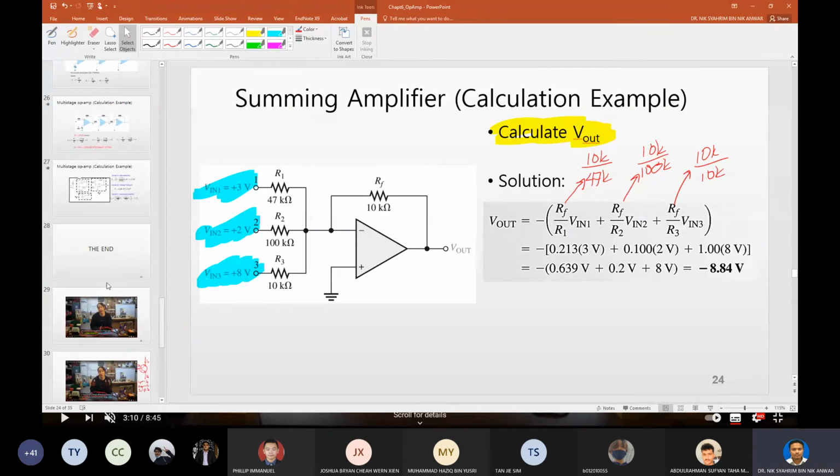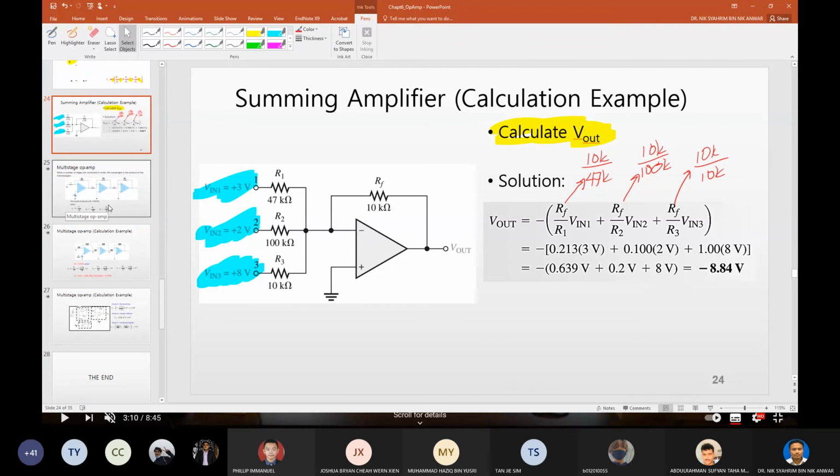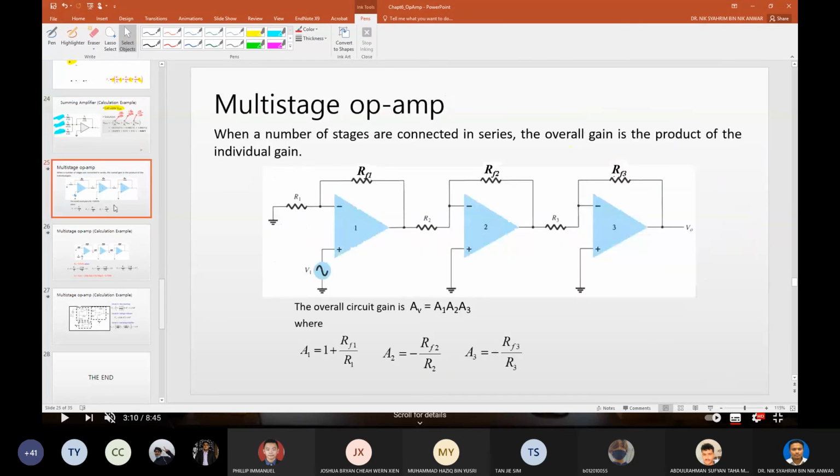Okay, last one. The last one is you can combine. This is what I asked you in the assignment, in problem 3, where I stated that you are required to take any multi-stage operational amplifier and try to simulate it.